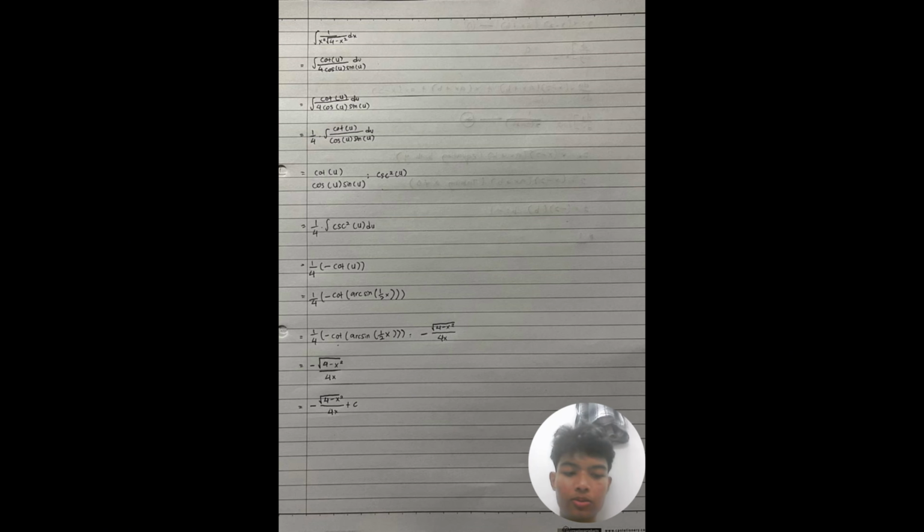Substituting this into the integral. Integral of square root of 4 minus x squared over x squared dx equals integral of 2 cos u over (2 sin u) squared multiplied by 2 cos u du.